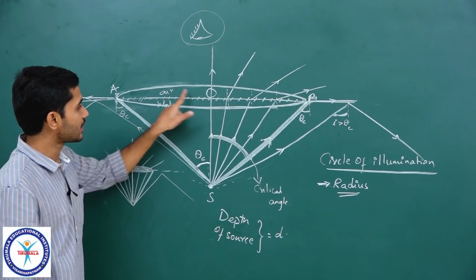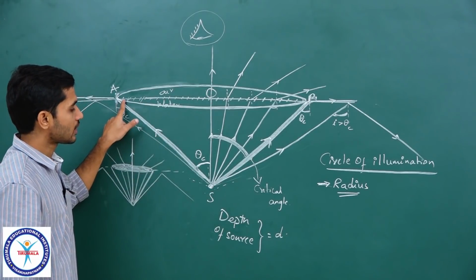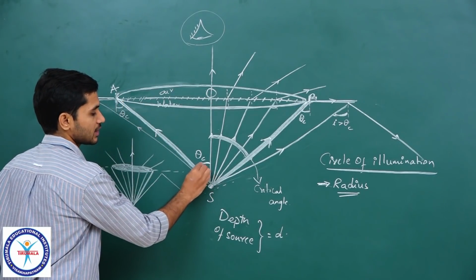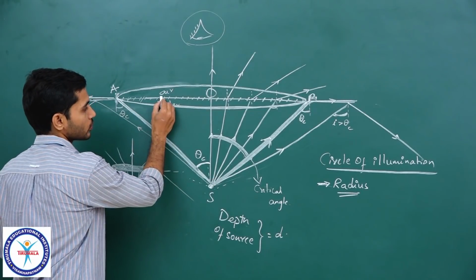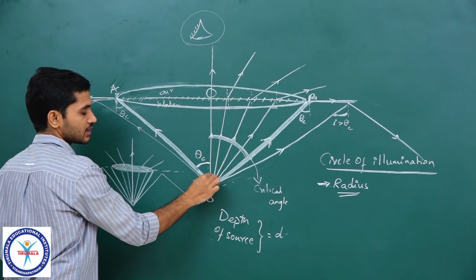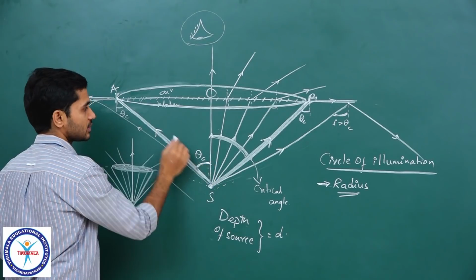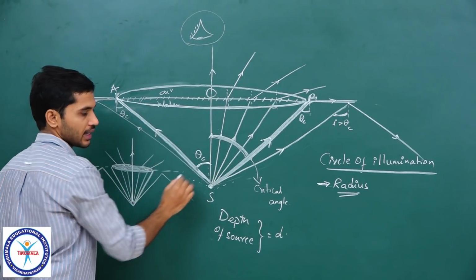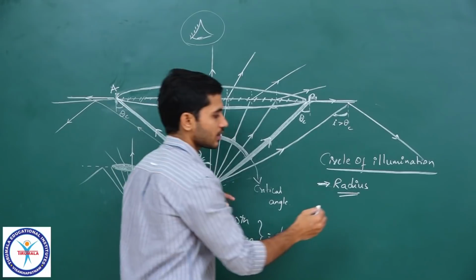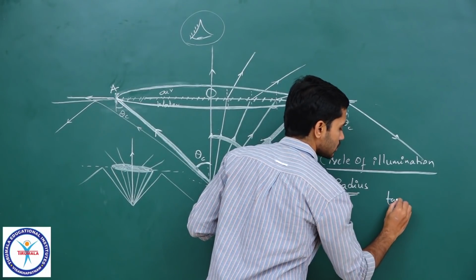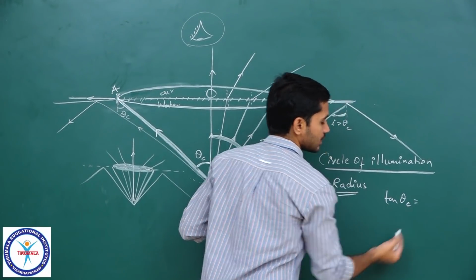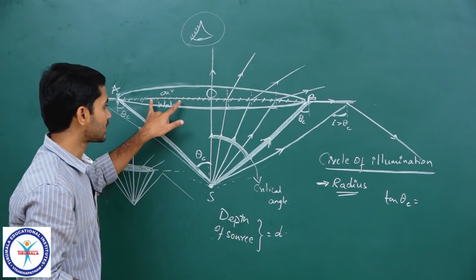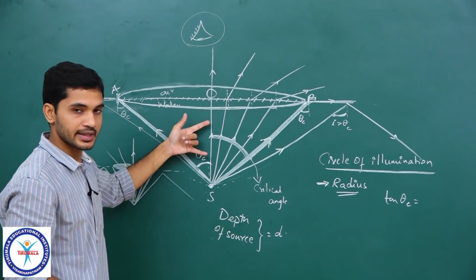So, now look at the triangle AOS. Can I say that this is theta c. So, this is opposite, this is adjacent. So, tan theta c is equal to opposite by adjacent, clear. So, I can write tan theta c is equal to opposite is radius, adjacent is depth.